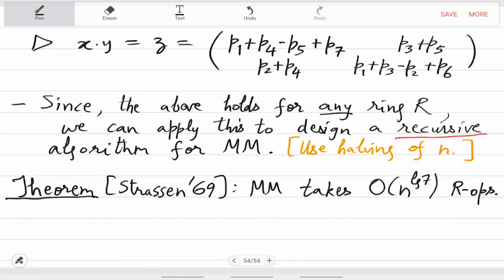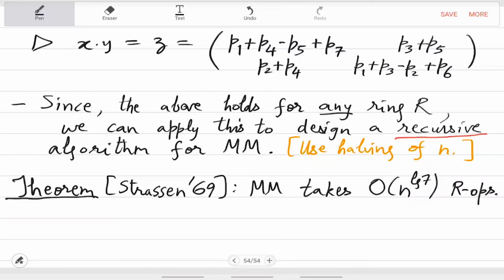The recurrence counts how many multiplications are needed for n cross n matrix multiplication. So T of n will be equal to 7 times T of n by 2 plus overhead, which is order n. If you solve this, you will get 7 to the log n, which is the same as n to the log 7. So this immediately improves on the basic n cube time algorithm.